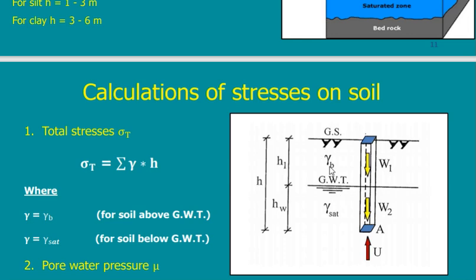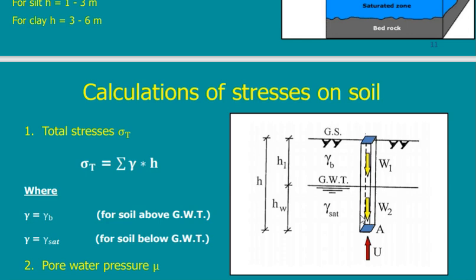But because I have a sample below groundwater, then because of the uplift of the water, the load will be less. So the own weight here, W2, will be less than the own weight W1. Imagine that they are both the same type of soil.